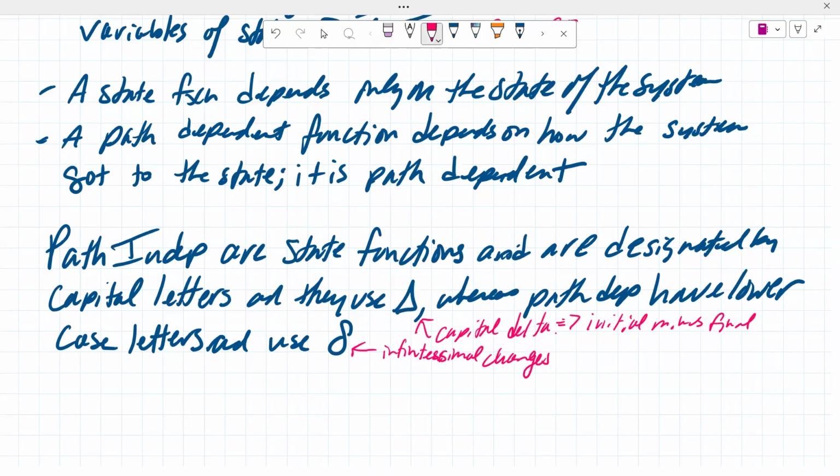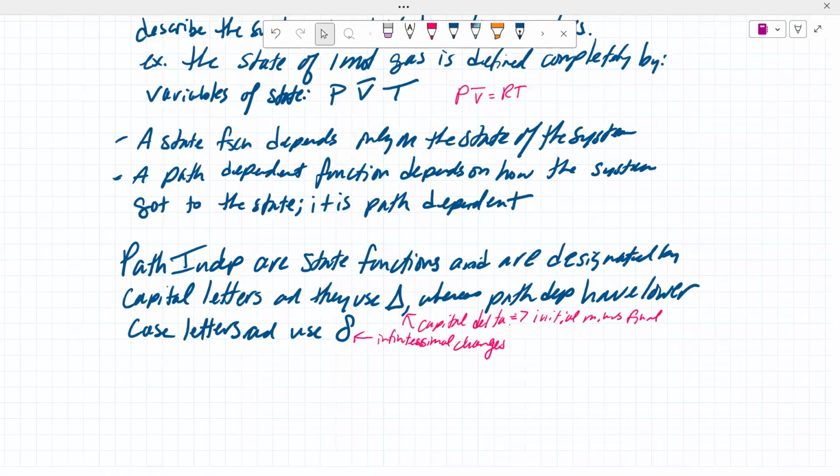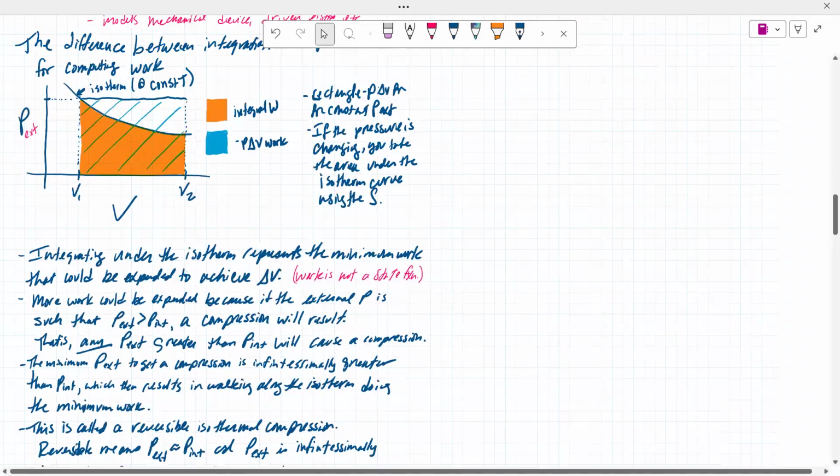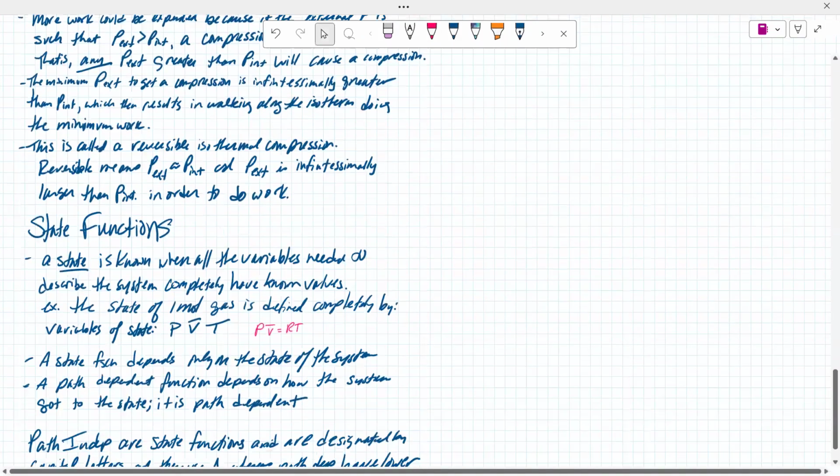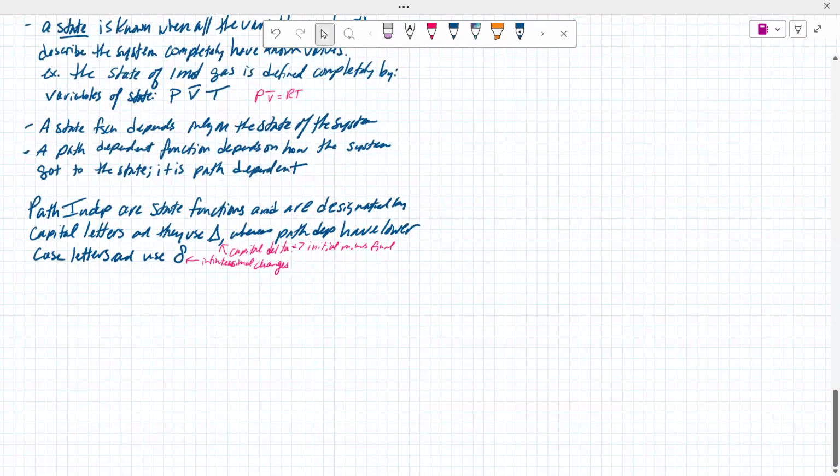So we've just seen an example. This one is big delta, and this one is the little delta. This one is path independent, and this is path dependent, right? So that's an example of those different things.